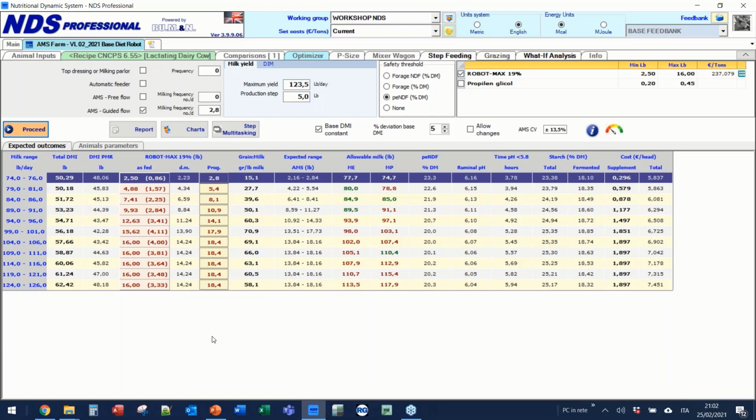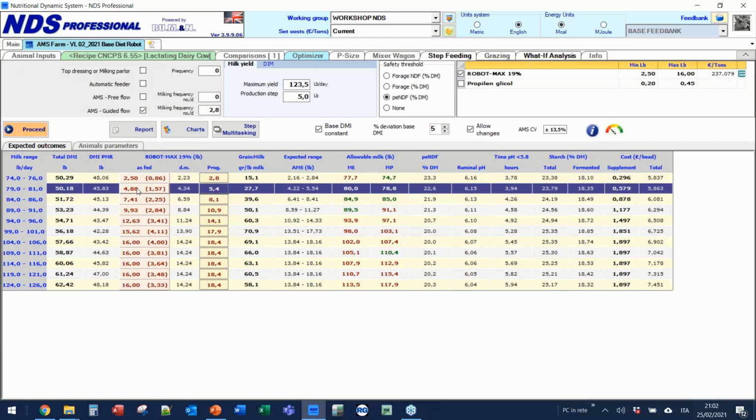What you did on the one scenario, using this in around the barn feeding with some small dairies, who basically had the guy feed as much PMR as he could. So I would go to allow changes, your button here, and then I would go down and make that step feeding.